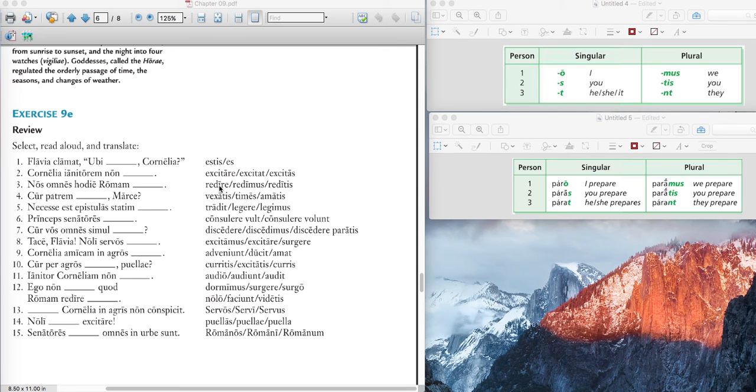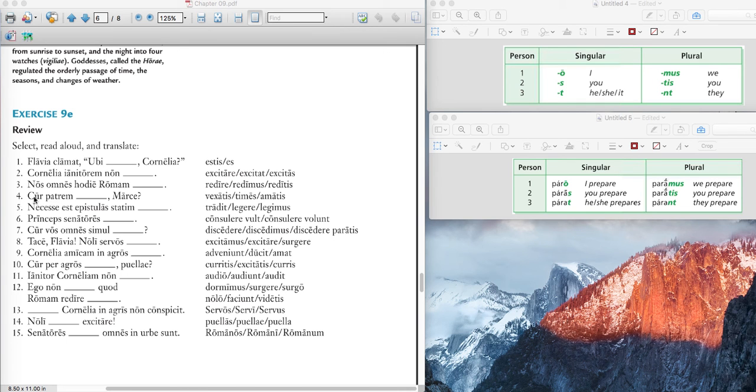Redire means to return. Redimus means, you guessed it, we return. And reditis, T-I-S, again, you, meaning you all, return. So since this pronoun here is we, we need to match it up with the correct verb. So nos redimus omnes. Nos omnes, we all, are returning today to Rome.